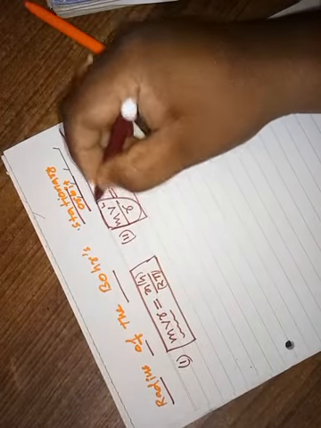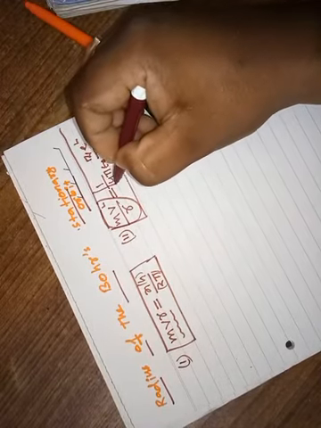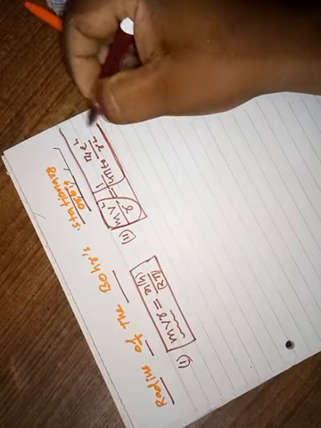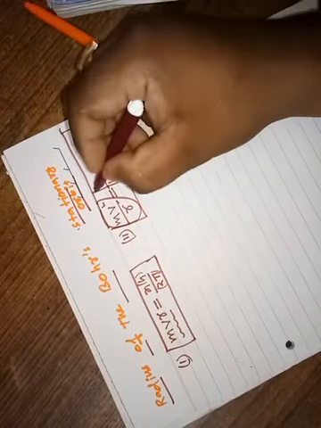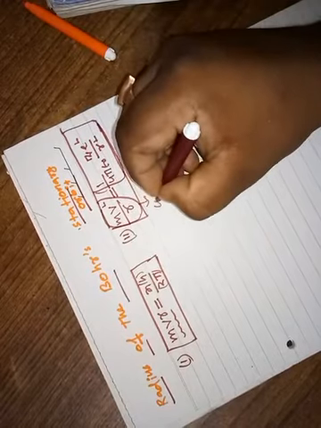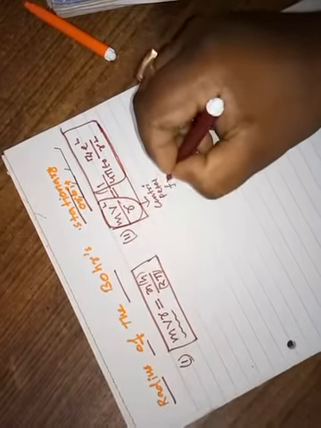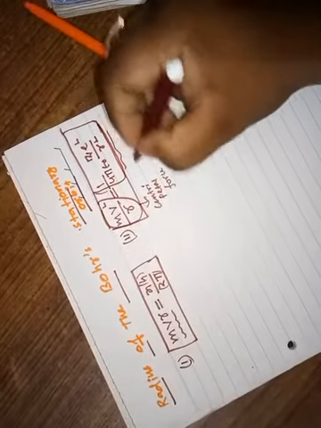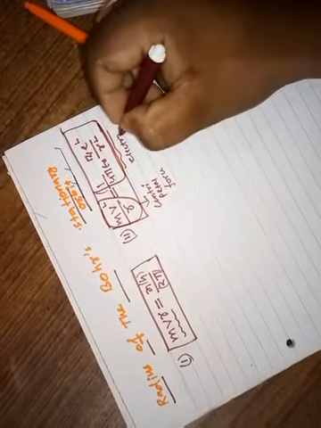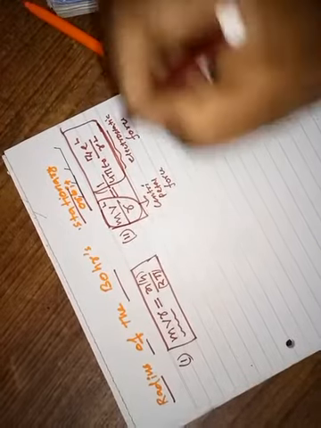The centripetal force in this case is provided by whom? Provided by the electrostatic force between the nucleus and the electron. This is the formula for centripetal force, and this is the formula for electrostatic force. Okay, these are two key formulas.